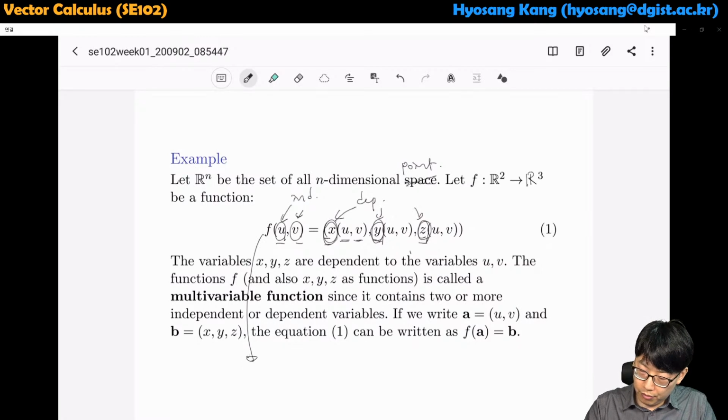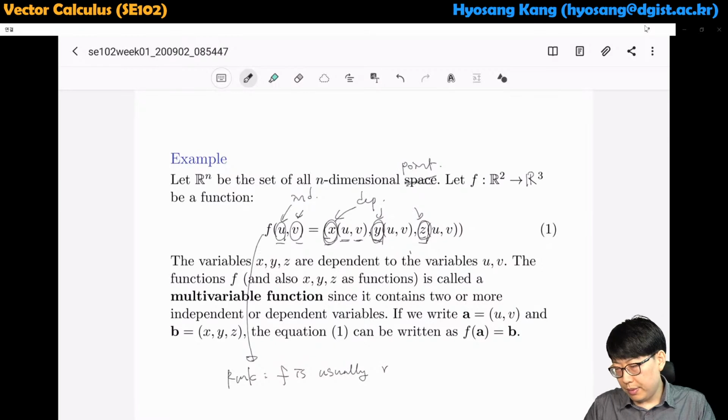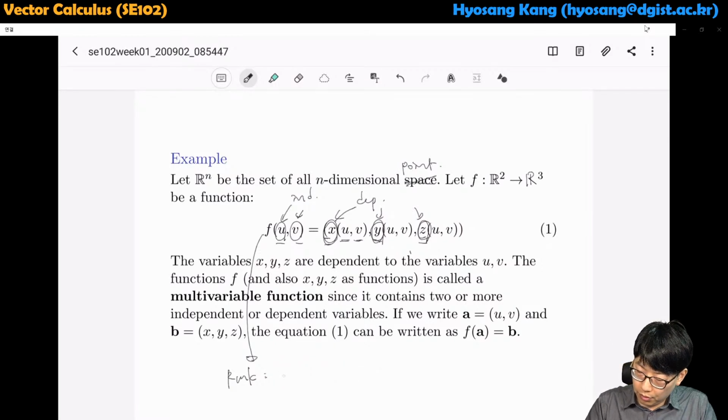So let me rewrite this as a remark. I'm sorry, let me rewrite that in this way. So the graph of f is a surface.